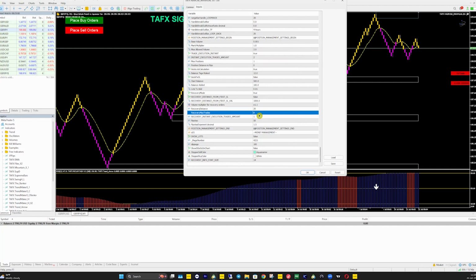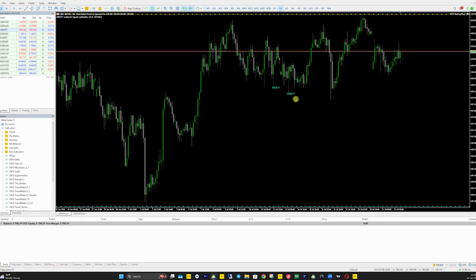But this does not mean all 8 trades must be included. Even if it goes back like 10 pips, it can only add one position. And if the market goes to your direction, the rest will be cancelled. This is the only trades that the system takes when the market tries to go against you.